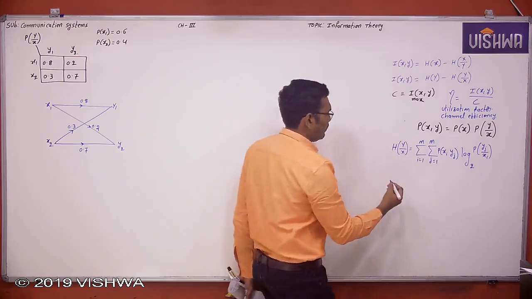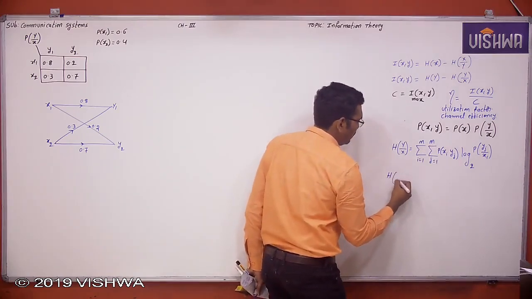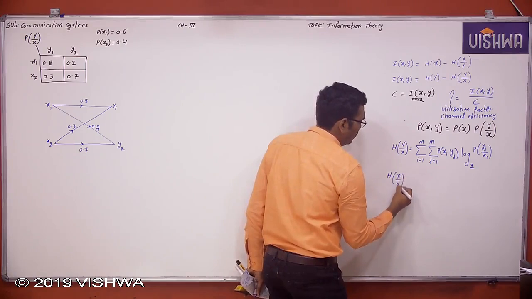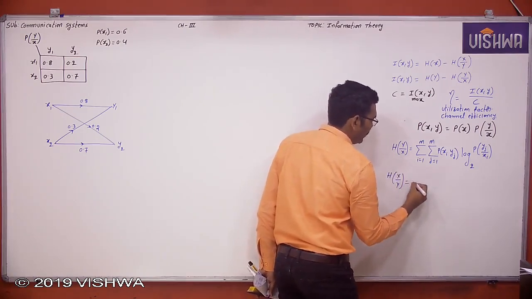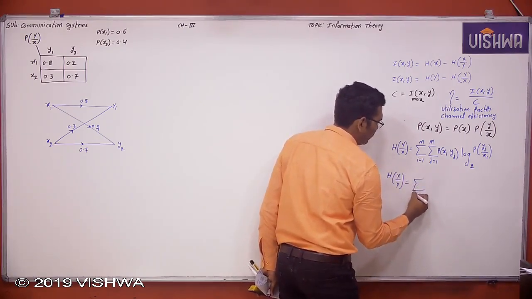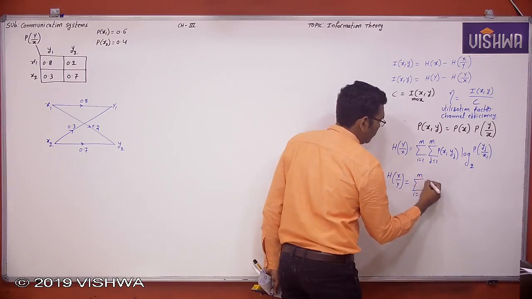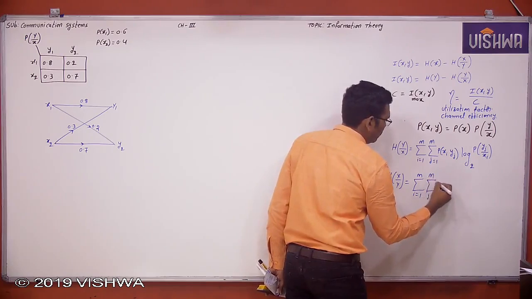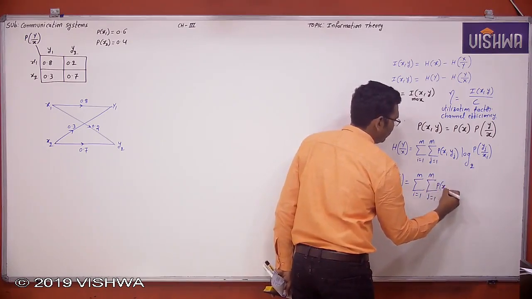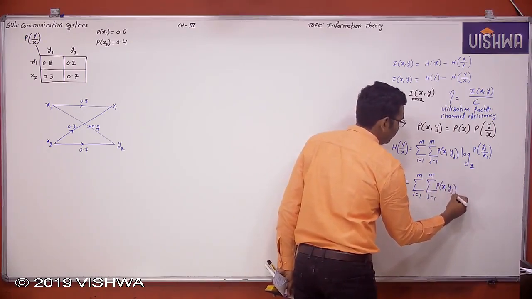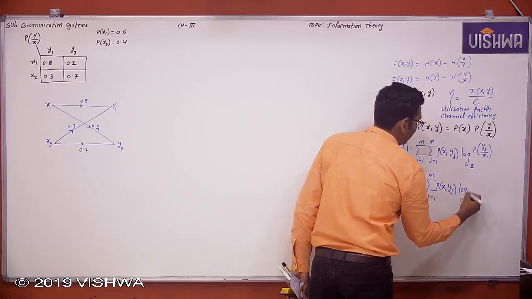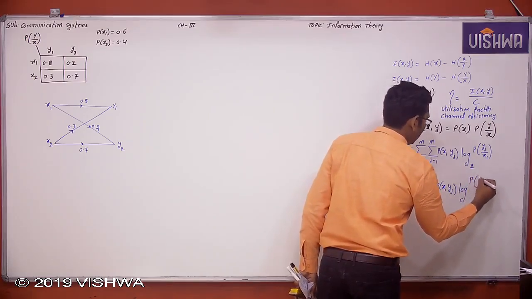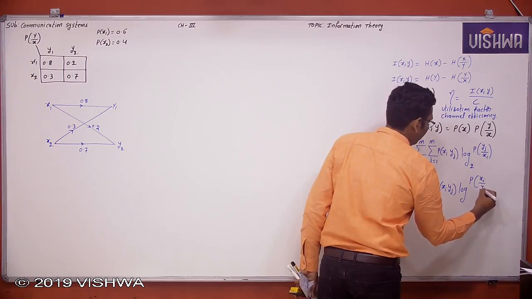What is H(x/y)? The conditional entropy, which is nothing but the joint probability times the conditional probability of xi by y.